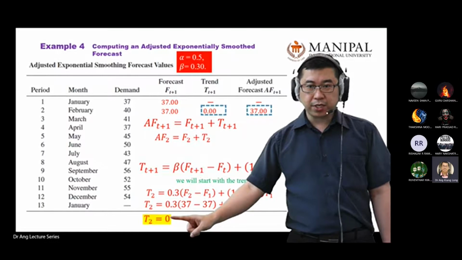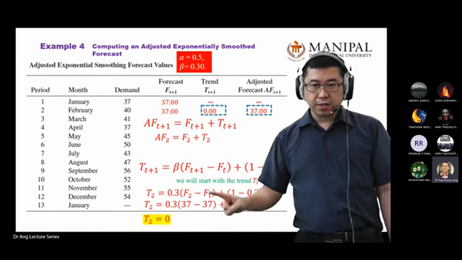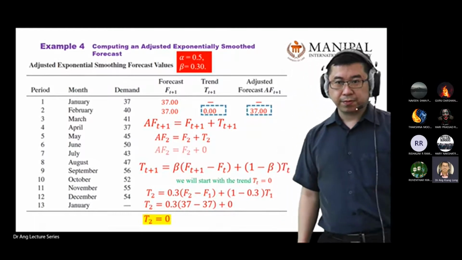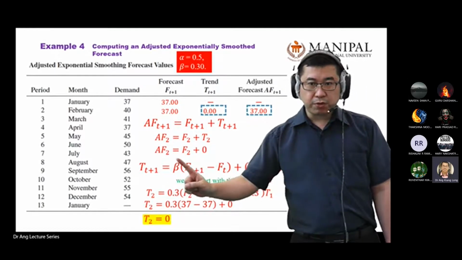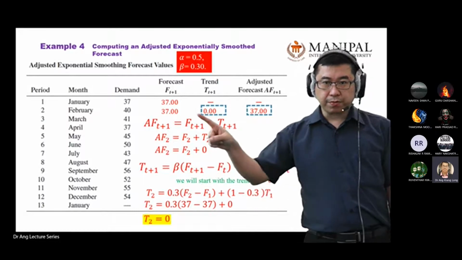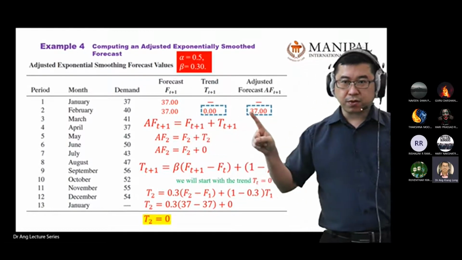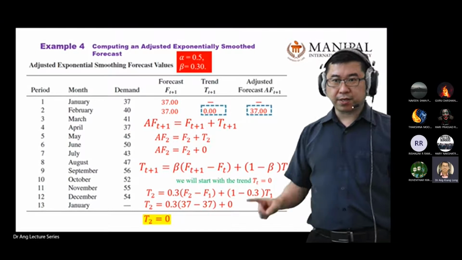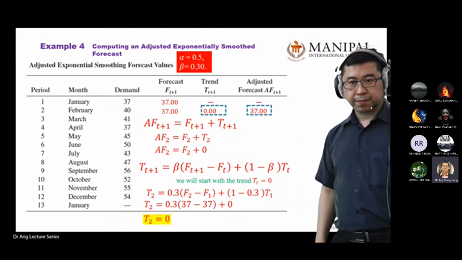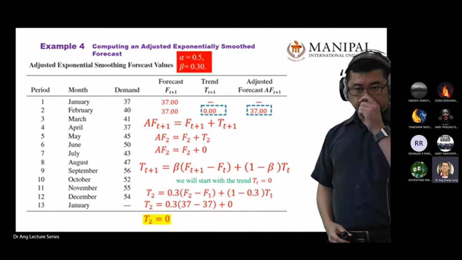You already have your T2, 0, and you have your F2. So AF2 equals F2 plus 0. Basically, this one equals 37.00. This one equals this one.